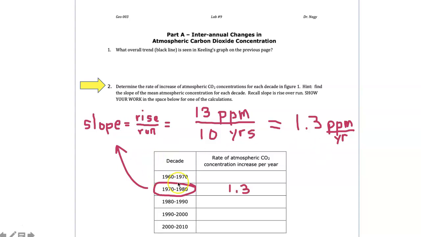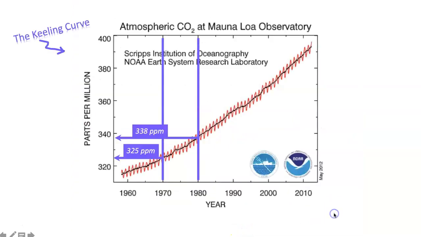And you're going to do the same thing for all of these other decades, and you're going to see if they're the same or different, and you're going to write the values in here. So the idea is that in this decade, on average, the carbon dioxide levels in the atmosphere increased 1.3 parts per million every year. Now you can see there's some variation in this black line, right?